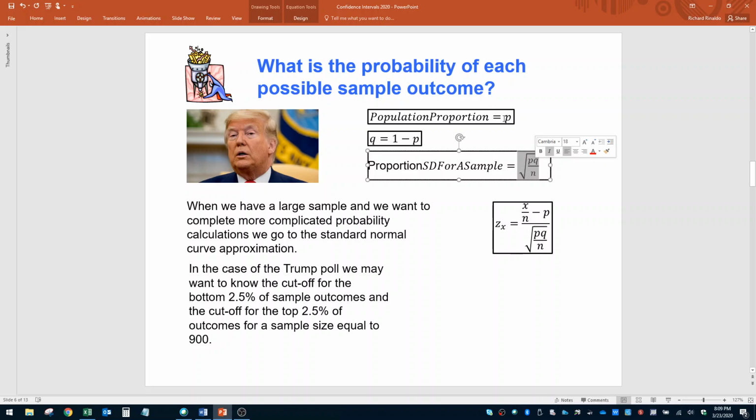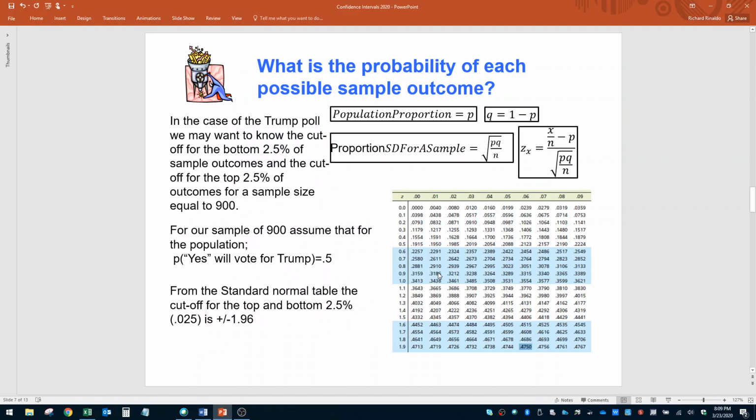Having a mean and a standard deviation, I can then calculate the cutoff for the bottom 2.5% and the top 2.5%. To do that, I need to use the standard normal curve. My unknown is going to be that cutoff, which is x over n, a proportion.